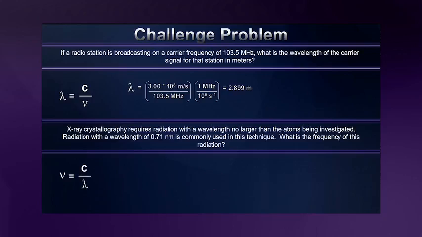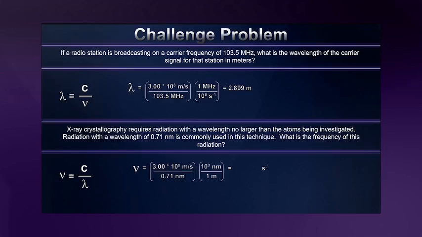We have to use a slightly different version of our equation, right? Notice that I've isolated frequency now. So my calculation now reads frequency equals the speed of light divided by the wavelength, which is just a mathematical rearrangement of what we used previously. So I'm after units of frequency, meaning I'm going to put in my c divided by lambda.